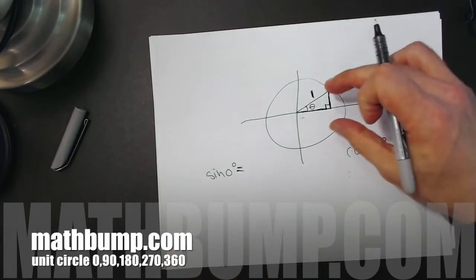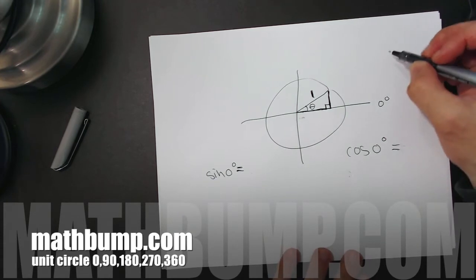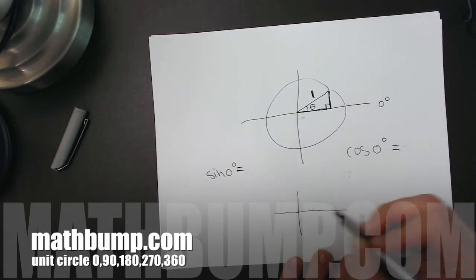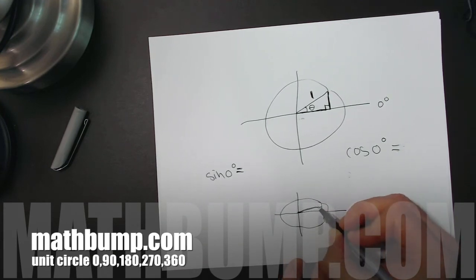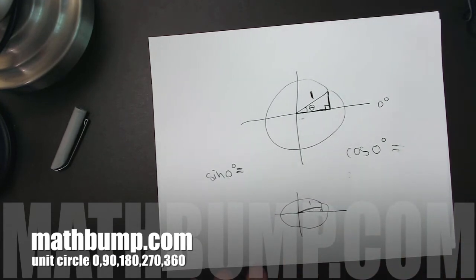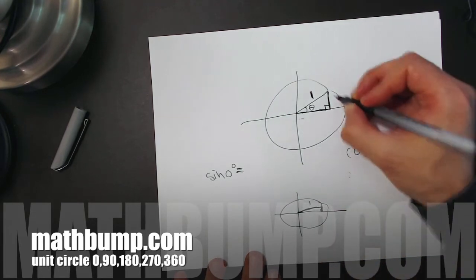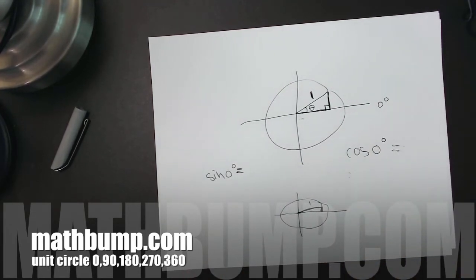Well, if you keep making that triangle smaller and smaller, this is going to get flatter and flatter, right? And this is always 1. So what's going to happen to the sine side? Well, it's disappearing, right?